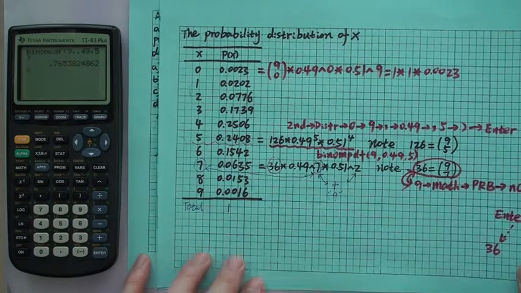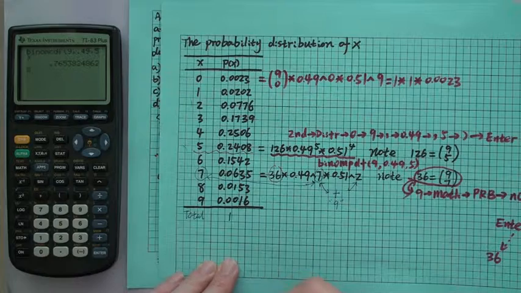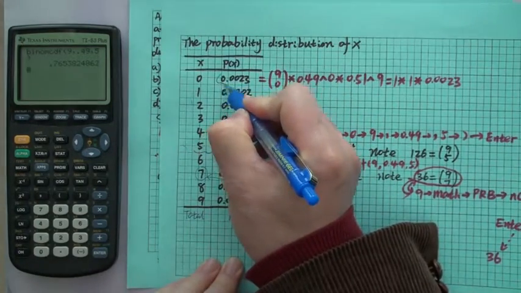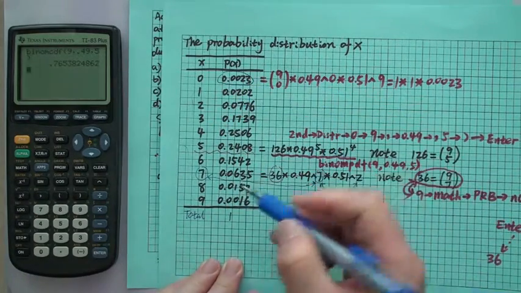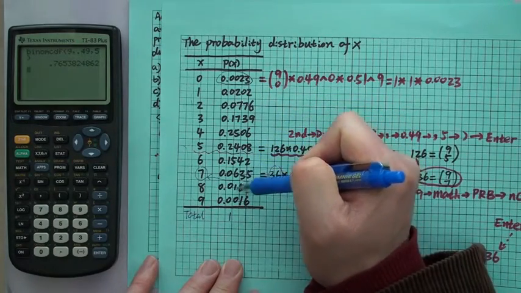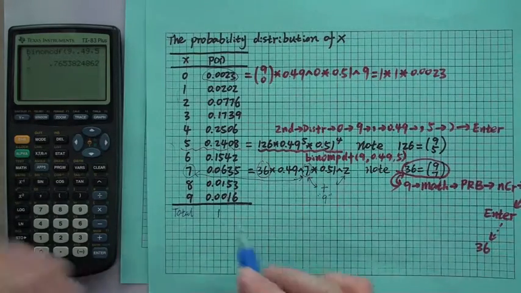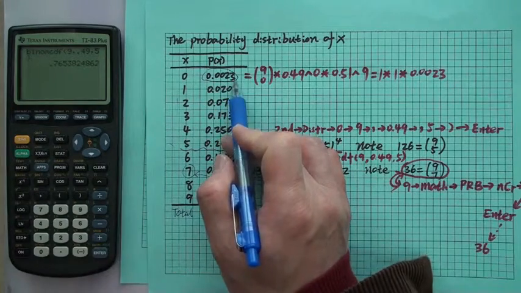So how about using 1 to subtract this number, 0.0023, because all numbers added together is 1. So then you do 1 subtract 0.0023.